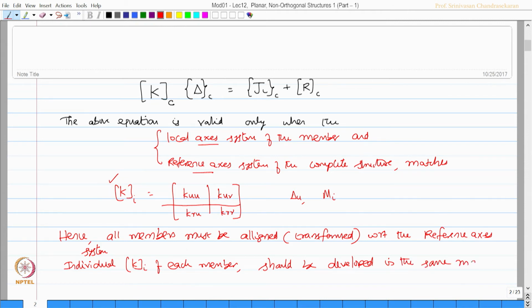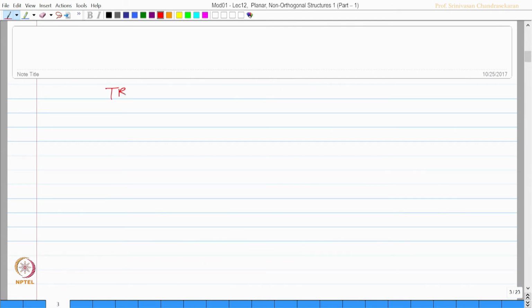So, there is no confusion in that, but they should be transformed within the frame of reference axis.